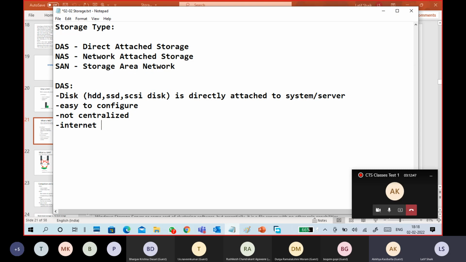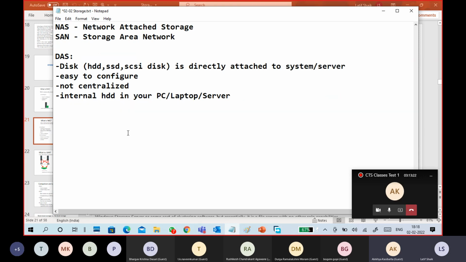Simply say internal hard disk in your PC, laptop, any server. Okay, so that is a very simple DAS.